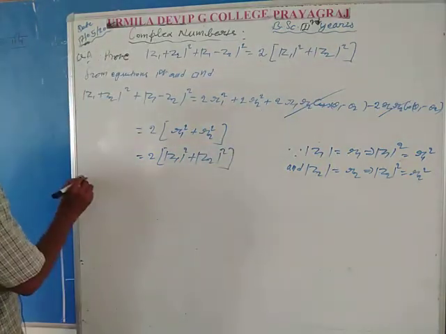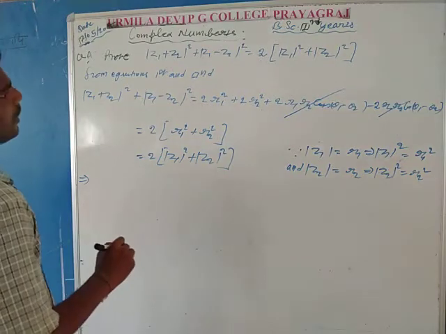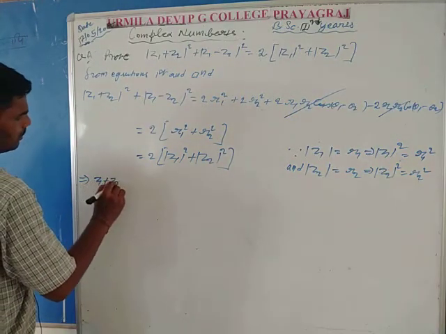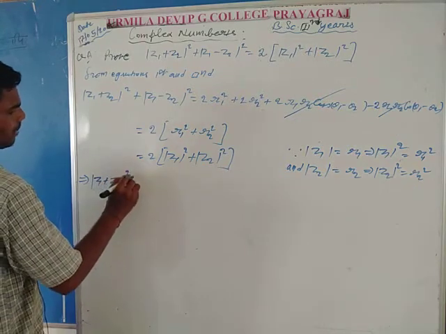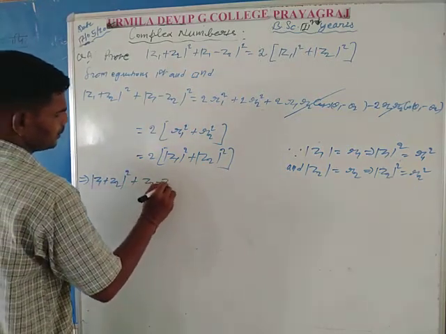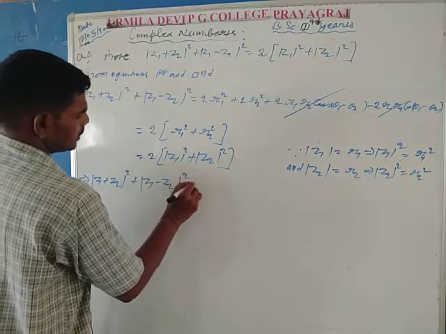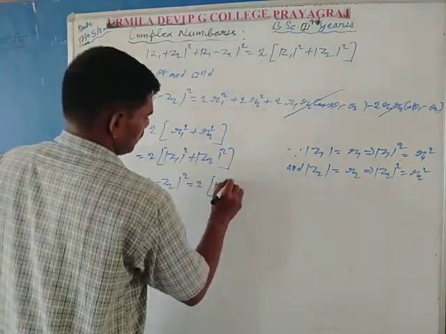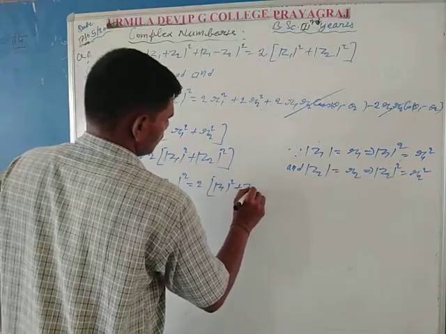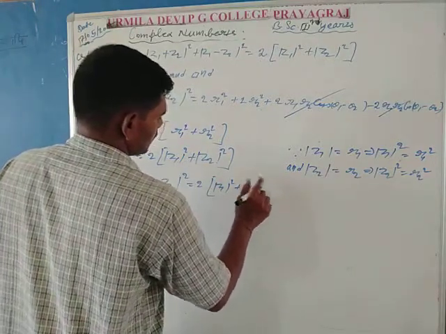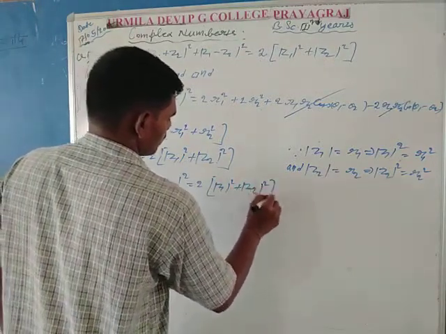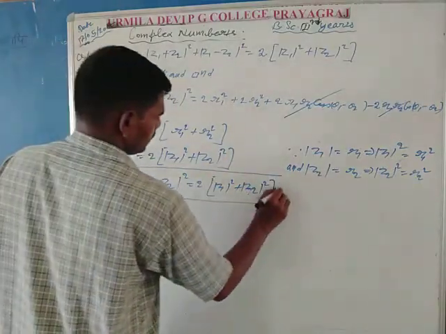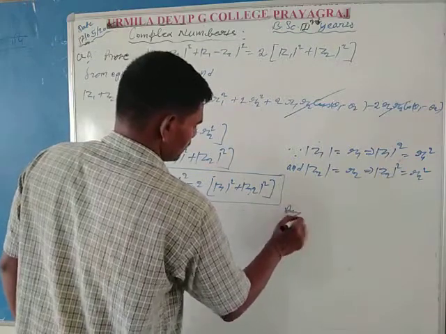It implies that mod z1 plus z2 square plus mod z1 minus z2 square is equal to 2 times in the bracket mod z1 square plus mod z2 square. This is the complete solution of the question, fourth answer.